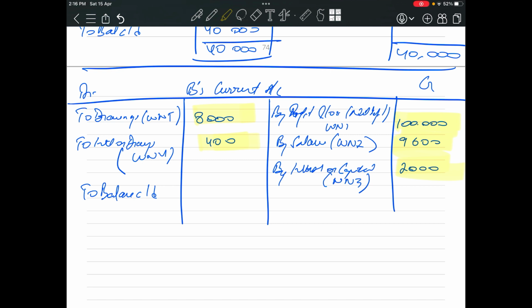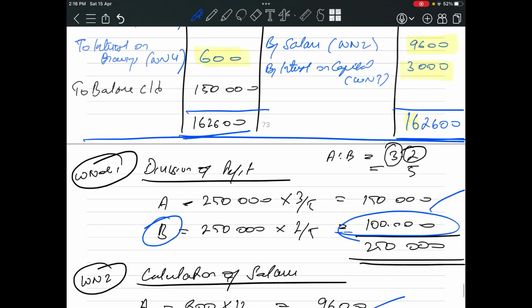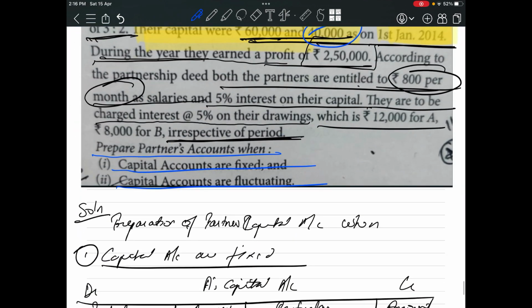The balance will be 1,11,600. So this is all about the fixed capital account. We have done number 1.